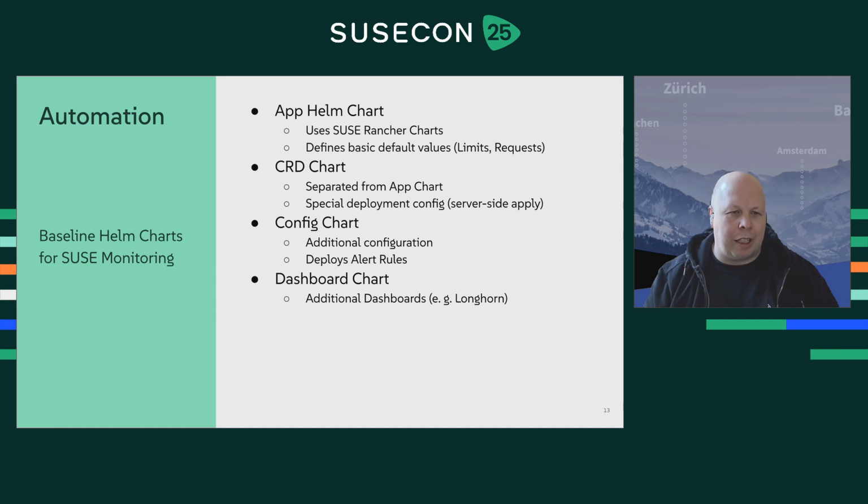And then we have the application Helm chart, which deploys the services. Everything that's possible there to customize, we will configure through the application Helm chart. For example, the limits and requests, or some initial config, for example, for Grafana, so that Grafana already has single sign-on when it comes up with Keycloak, for example.